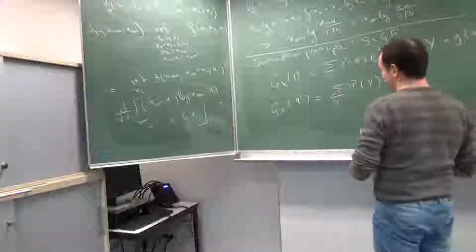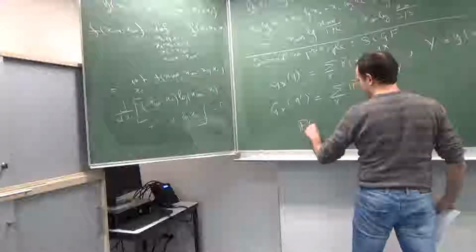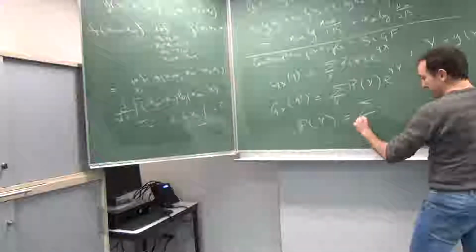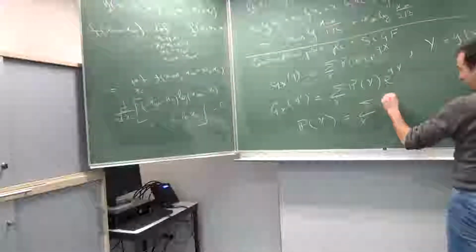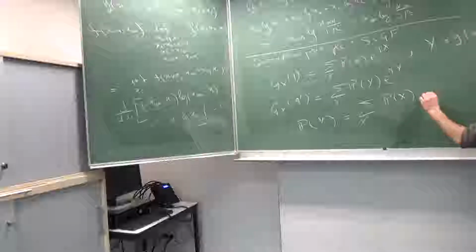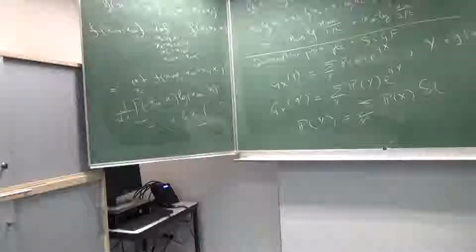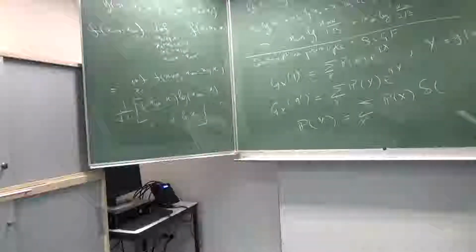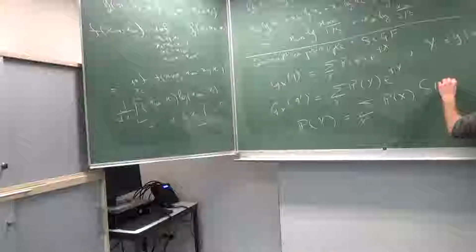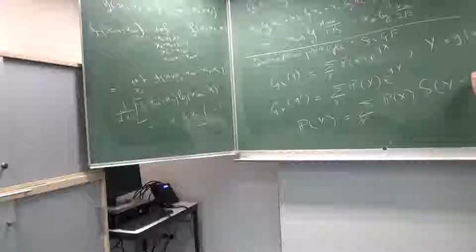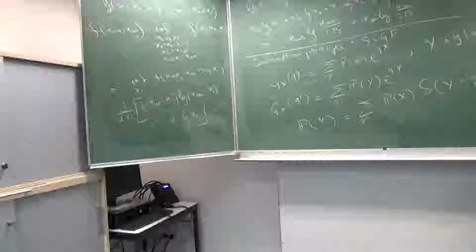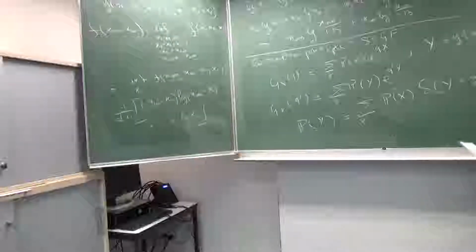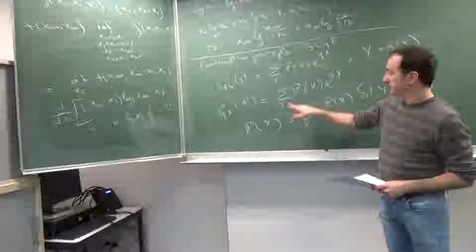Well, the probability of y is just the sum over x of the probability of x, and then we put a delta, Dirac or Kronecker delta, depending on whether these are continuous or discrete variables, stating that y must be equal to y of x. Okay, that's how probabilities work. So let's plug this into this expression here.